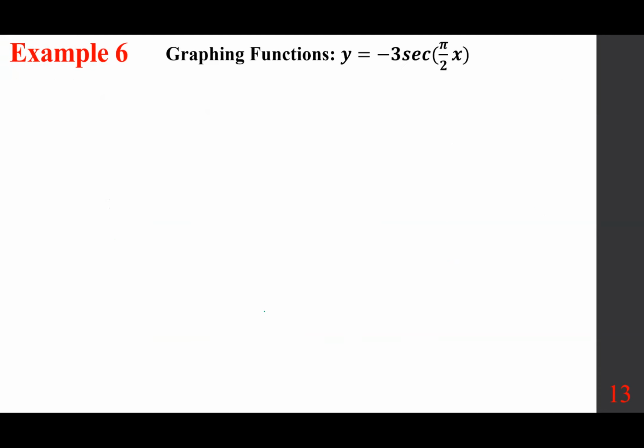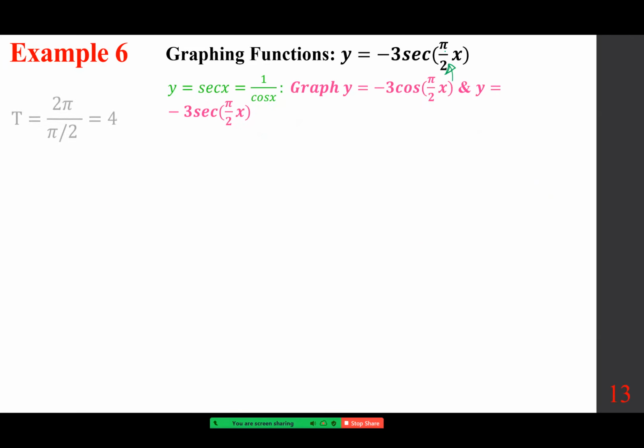So we get this function. We want to graph this function, and secant, remember, is 1 over cosine. In essence, you can graph cosine, and notice the period is 2 pi divided by pi over 2, which makes it 4.